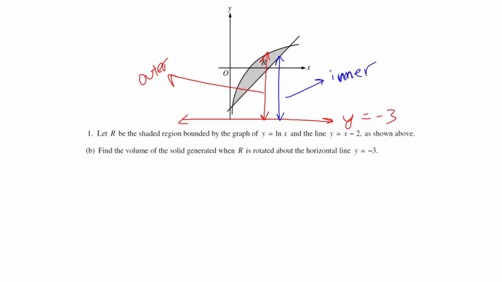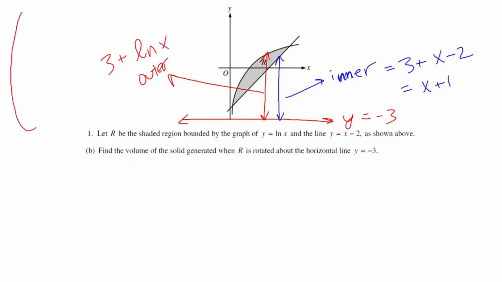And so for each of those, it's just those 3 units plus the function. So the lower bound of the region is x minus 2, so this one will be 3 plus x minus 2, or just x plus 1. And then this one will be 3 plus ln of x.